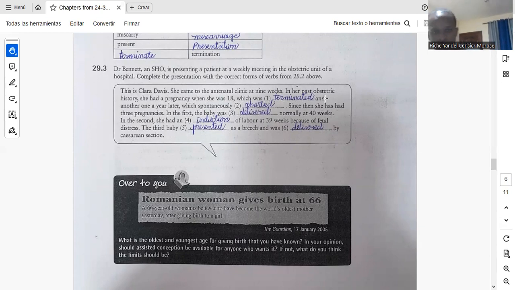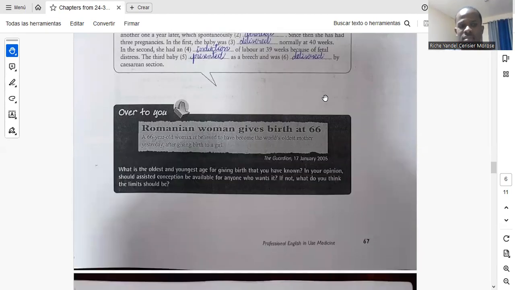In the first, the baby was delivered normally at 40 weeks. In the second, she had an induction of labor at 39 weeks because of fetal distress. The third baby presented breech and was delivered by Caesarean section.